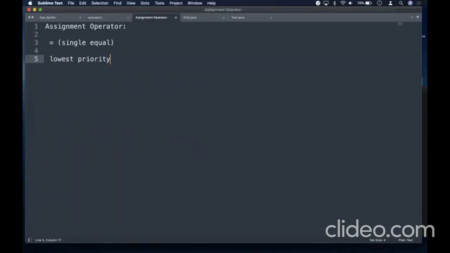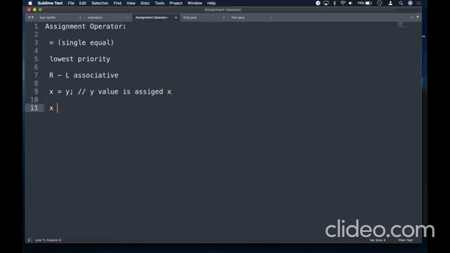This assignment operator has the lowest priority, and especially it is right to left associative. This is something which has to be understood. Now when you say x equal to y, what happens here? The y value is assigned to x, right?